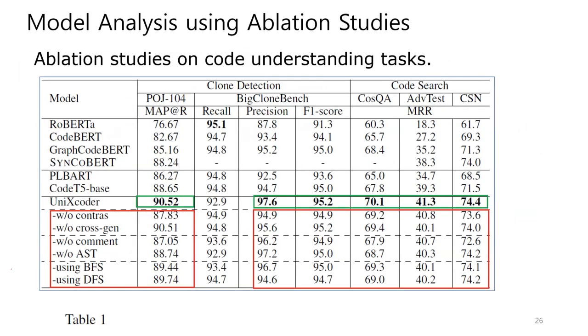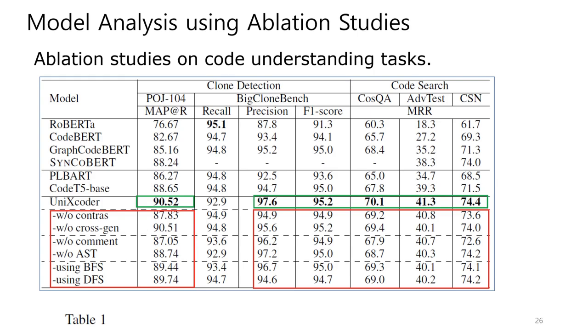When we see the ablation studies, the block of results under the UniXcoder are ablation studies without contrastive learning, without cross-modal generation, without comment, without AST, using the BFS traversing algorithm.